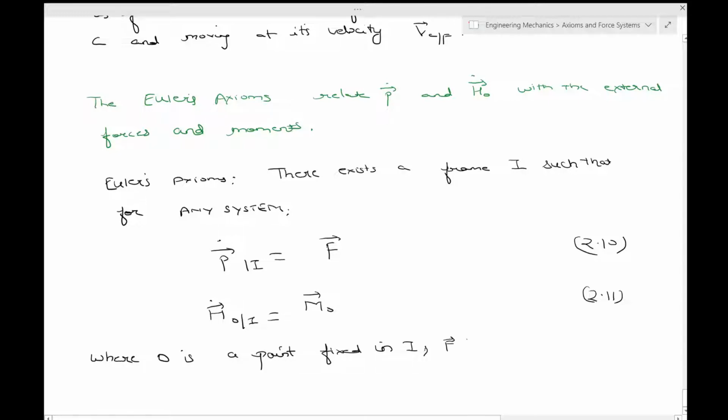F is the sum of all the external forces from the surroundings on the system.